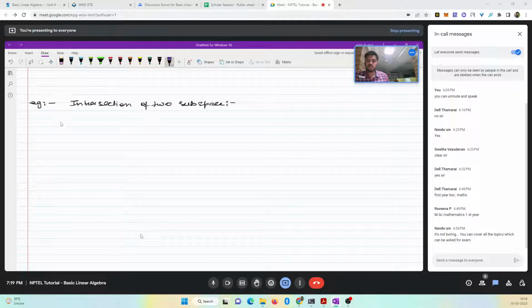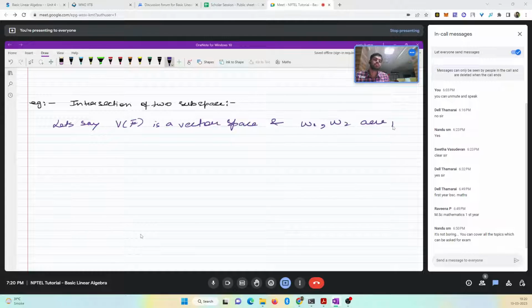Now, the statement is such, let's say V over F is a vector space and W1, W2 are two subspaces of this vector space. What can we say about W1 intersection W2? We want to check whether W1 intersection W2 is also a subspace.